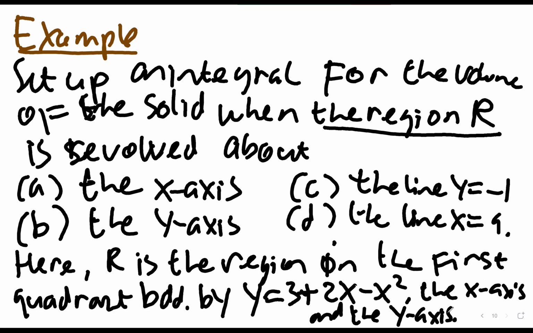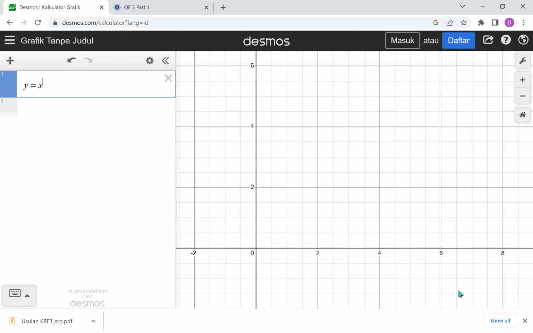Okay, so the first step to understand the example here, we need to sketch the region. So let us sketch the region. The region is in the first quadrant bounded by the x-axis, the y-axis, and the curve y equals 3 plus 2x minus x squared.